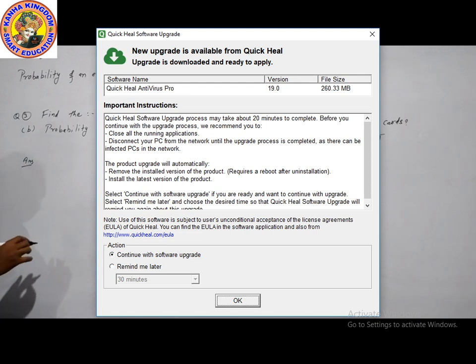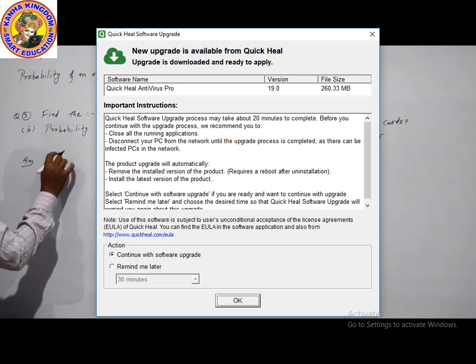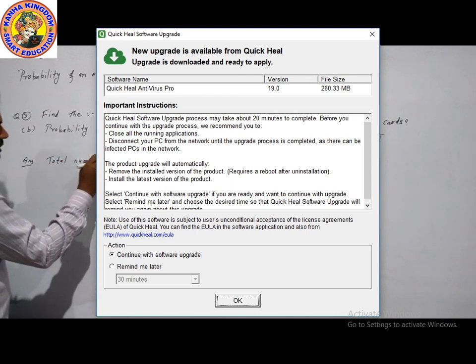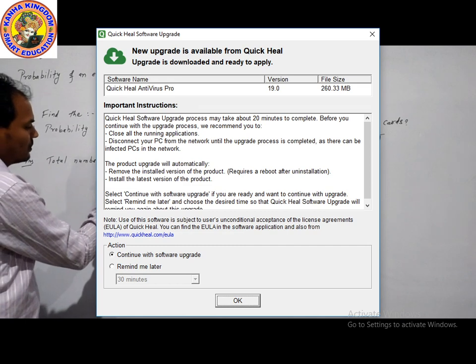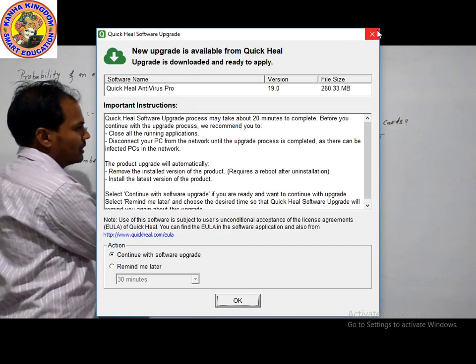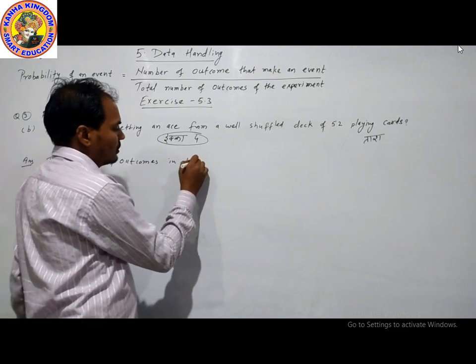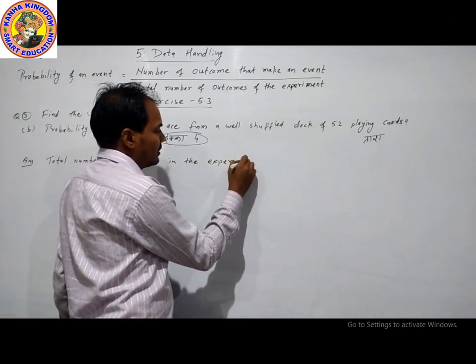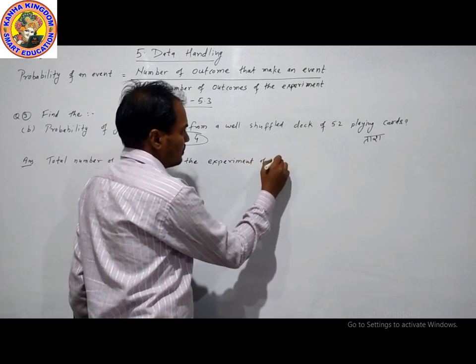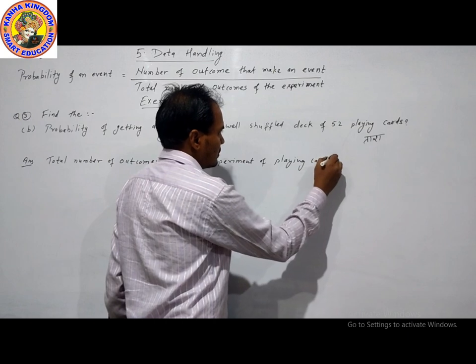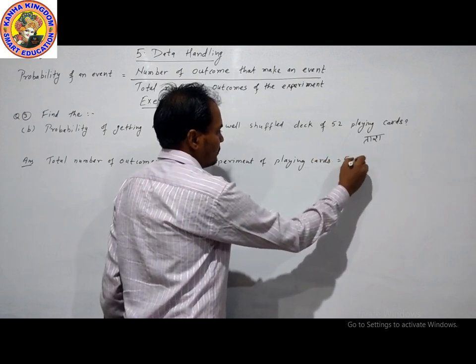Answer. First of all, the total number of outcomes in the experiment of playing cards is equal to 52.